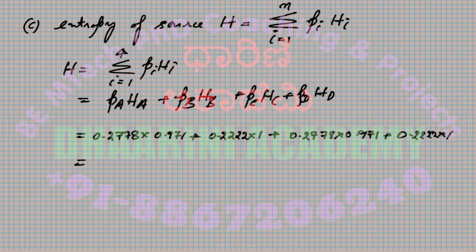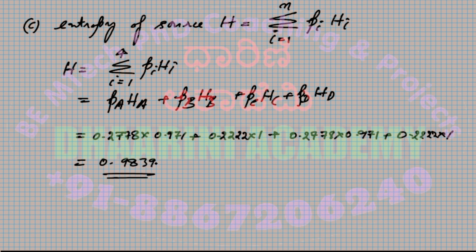Okay, please calculate this. So this comes to be 0.9839. Since it is entropy, it's once again bits per symbol.